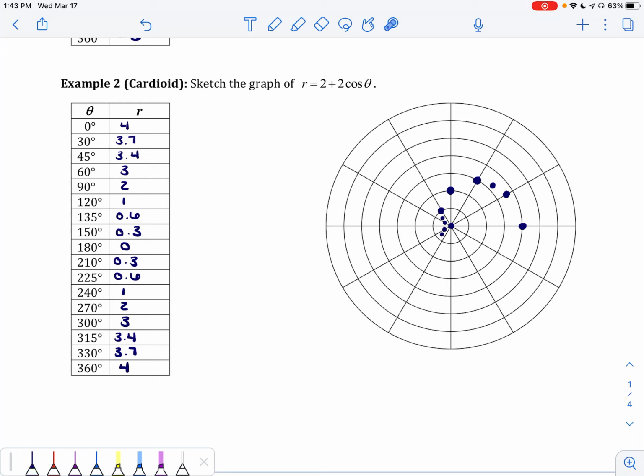Then we have 240 degrees, radius of 1. 270 degrees, radius of 2. 300 degrees, radius of 3.